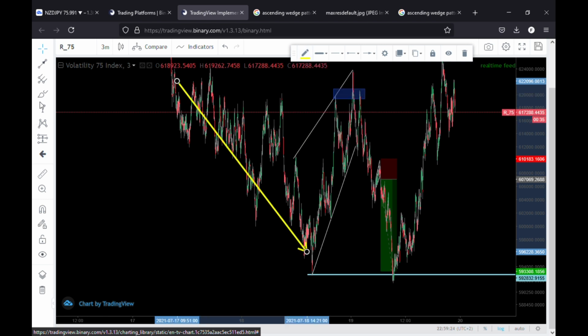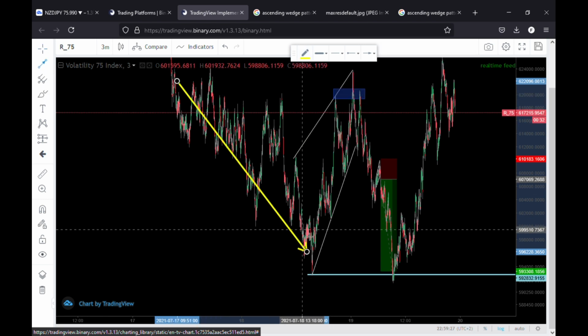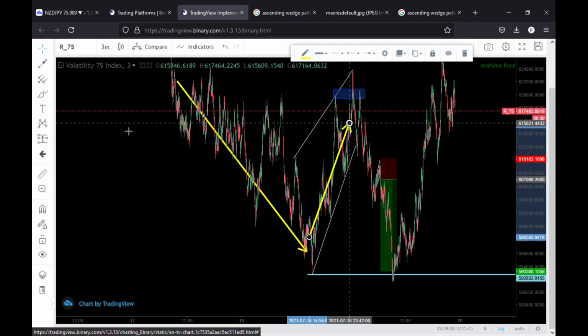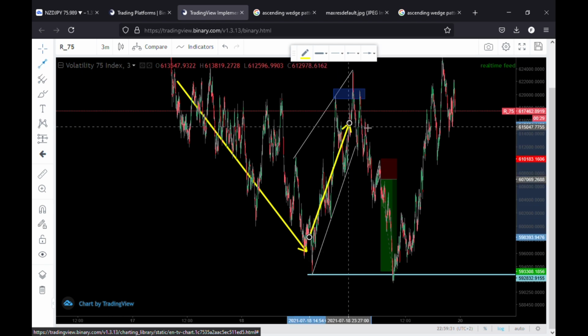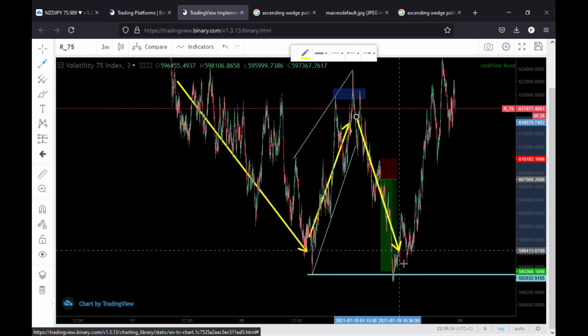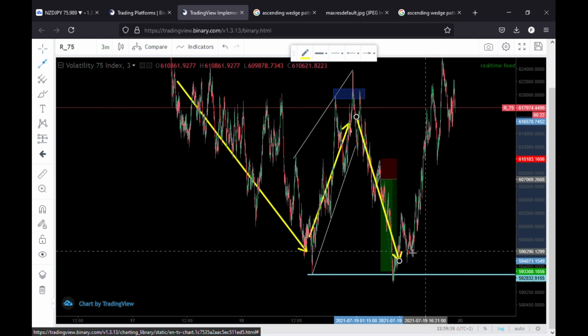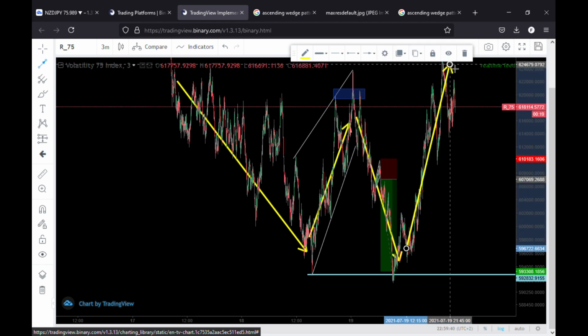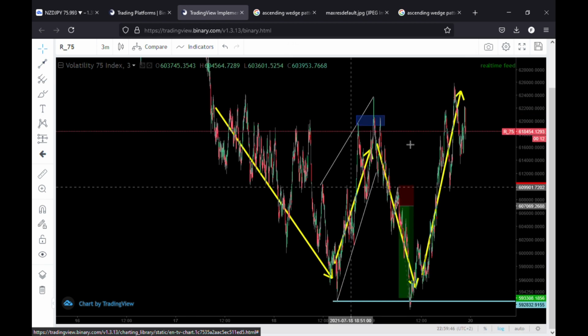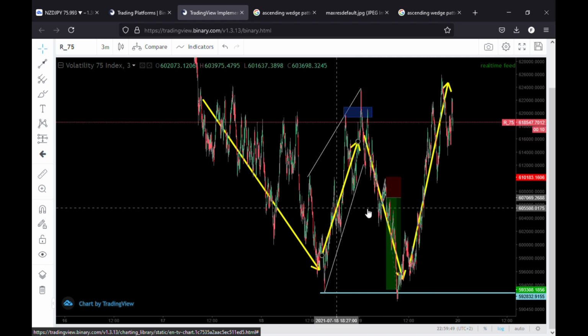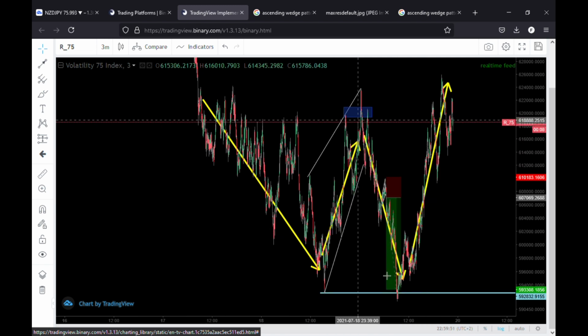We have a push to the downside, a push to the upside, then a push to the downside, and then we have a push to the upside. VIX loves to make this pattern, the double bottom structures.